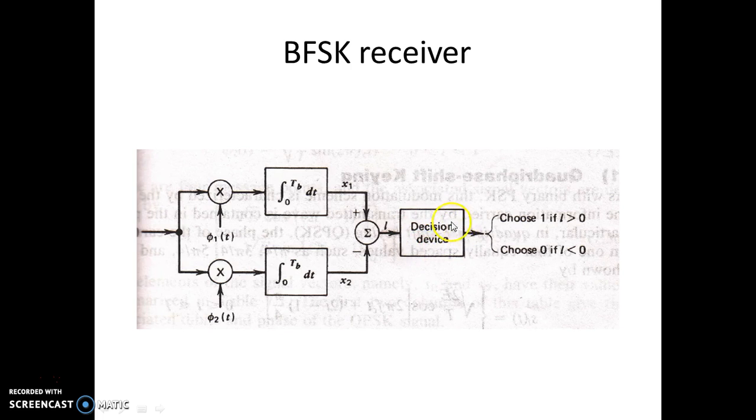The decision device decides in favor of 1 if L is greater than 0. It decides in favor of symbol 0 if L is less than 0. It is the same way we defined for the constellation diagram. Also, study the waveforms relating to BFSK by yourself.